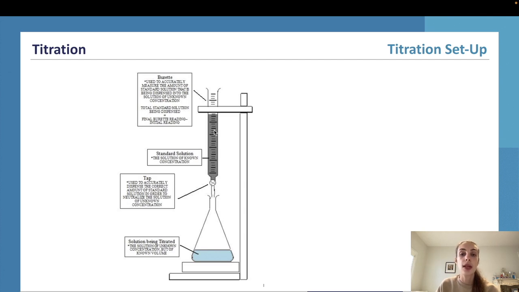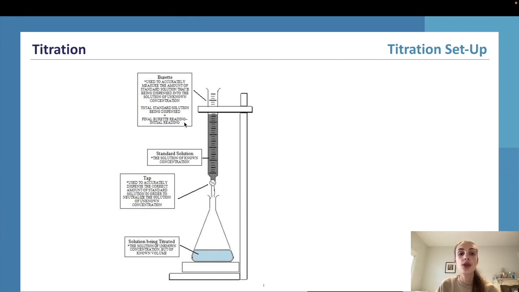So it's the one which is used to titrate the analyte. And so the burette is used to accurately measure the amount of the standard solution that's being dispensed into the solution of our unknown concentration. So the amount of titrant that is being dispensed into the analyte.